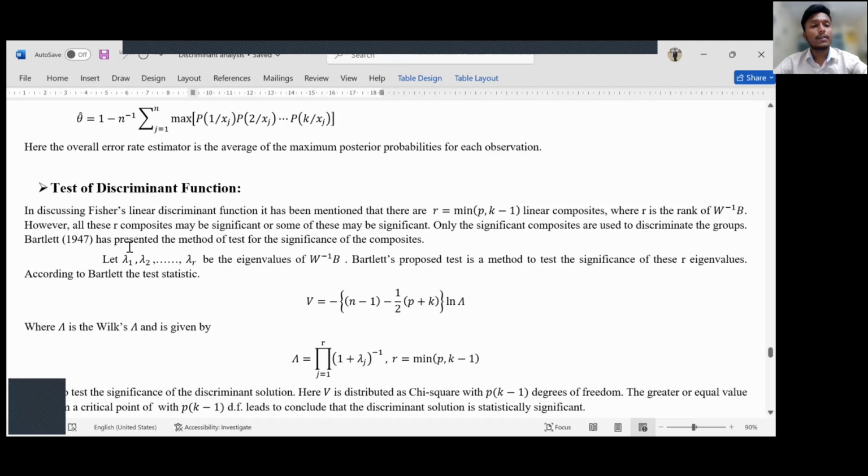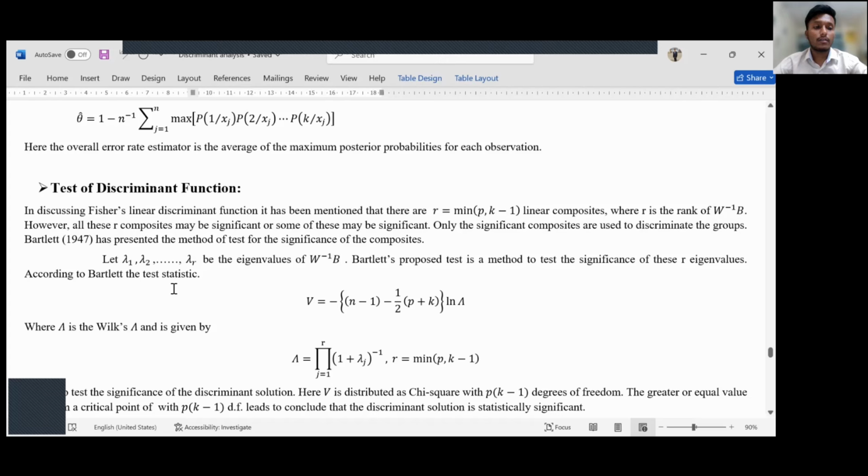Bartlett 1947 has presented the method of test of the significance of the composites. So let lambda_1, lambda_2, up to lambda_r be the eigenvalues of the within sum of square inverse into between sum of square. Bartlett's proposed test is a method to test the significance of these r eigenvalues.